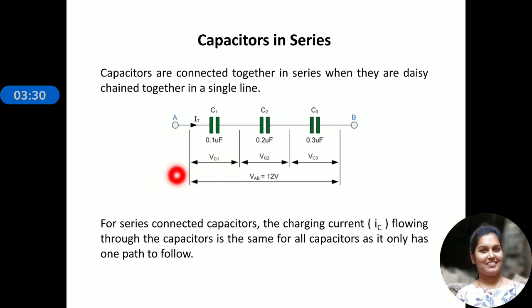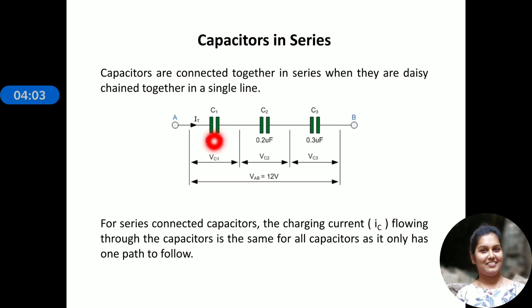Here we can see that there is only one path for the flow of current, only one connecting wire between all these capacitors. So for a series connected capacitor, the charging current, which we call IC, flowing through the capacitors is the same for all, as it is the only path to flow.